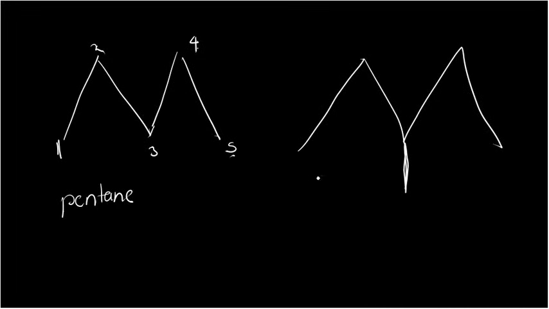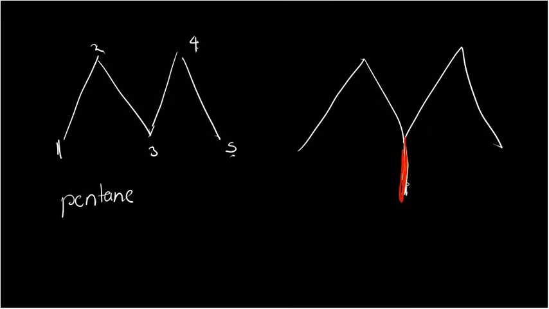But in a situation like this, I know it's pentane, but it's having a branch or a substitute. If you look at the substitute, this is the substitute which is here.